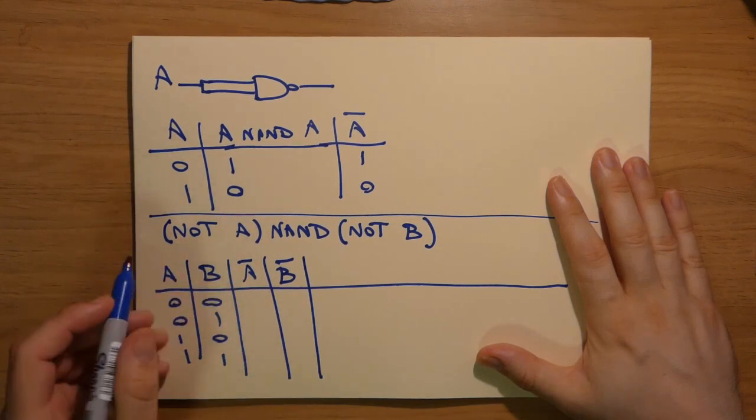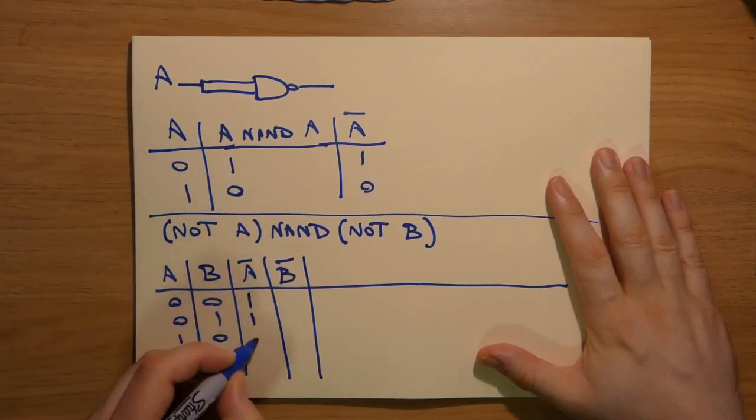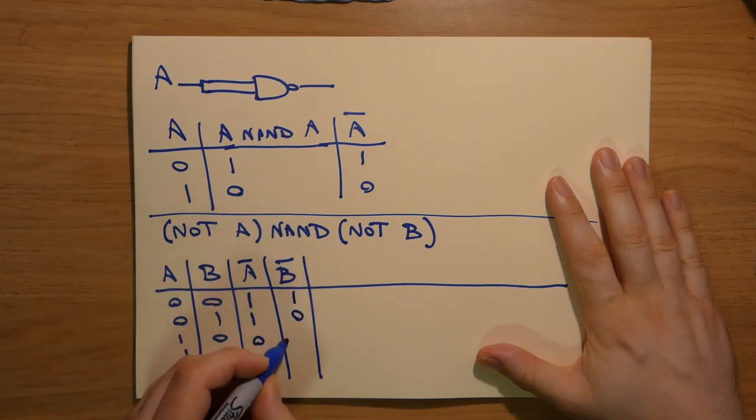They're just the inverse of that. So I'm going to form 1, 0, 1, 0, 0.